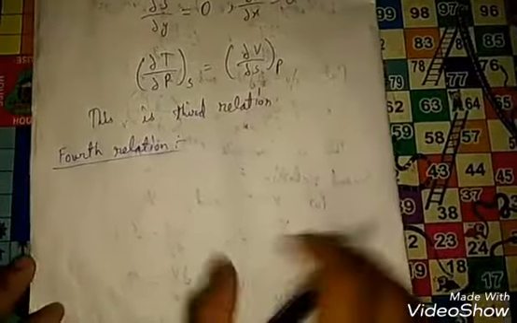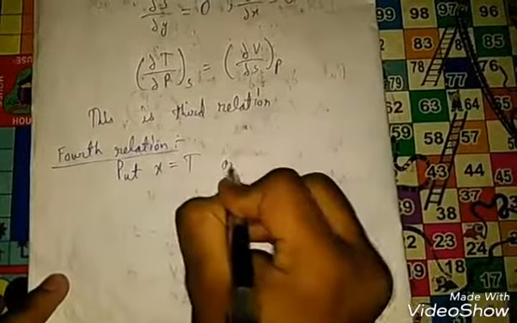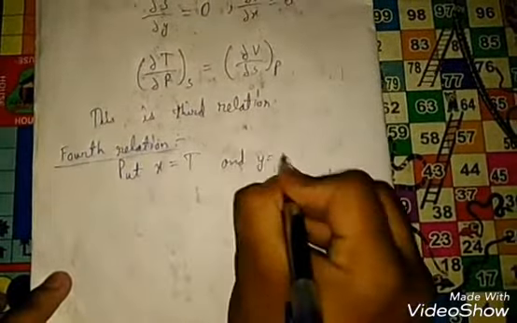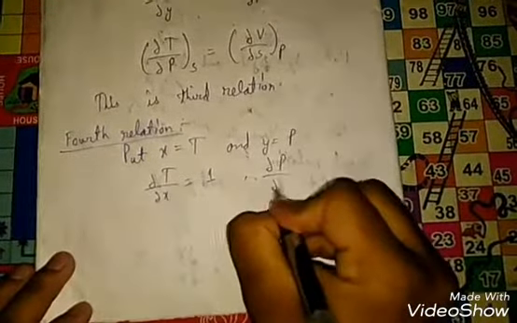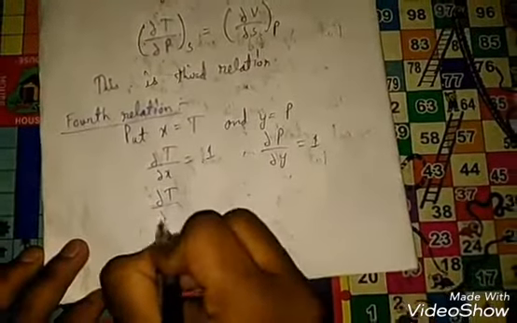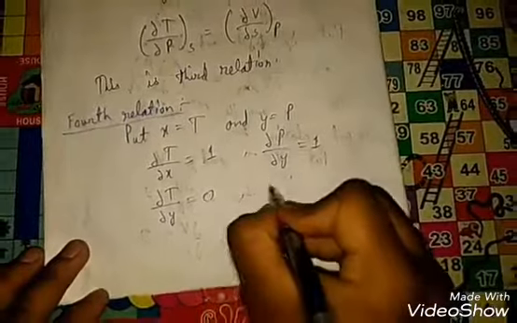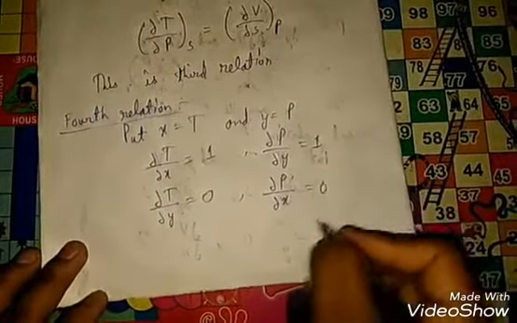Now for the fourth relation, we put x is equal to t and y is equal to p. Then we get del t by del x is equal to 1 and del p by del y is equal to 1. Also we get del t by del y is equal to 0 and del p by del x is equal to 0.